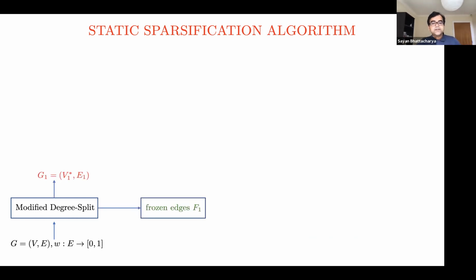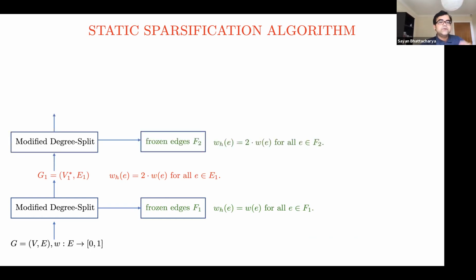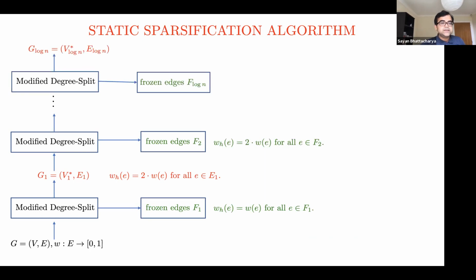So after the first iteration, we get a bunch of frozen edges F1, and the remaining surviving edges go to G1. The frozen edges, their weights get frozen to their initial value. The surviving edges, their weights get doubled. And we keep doing this log n many times.